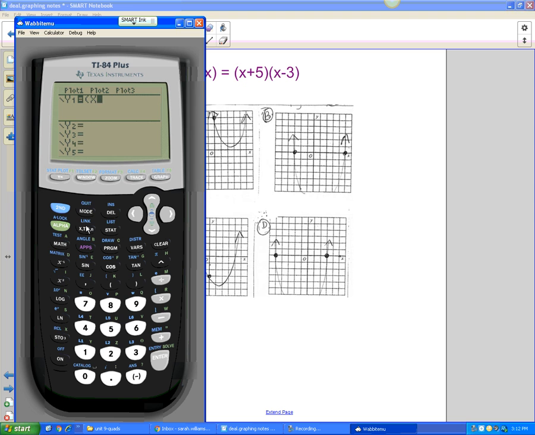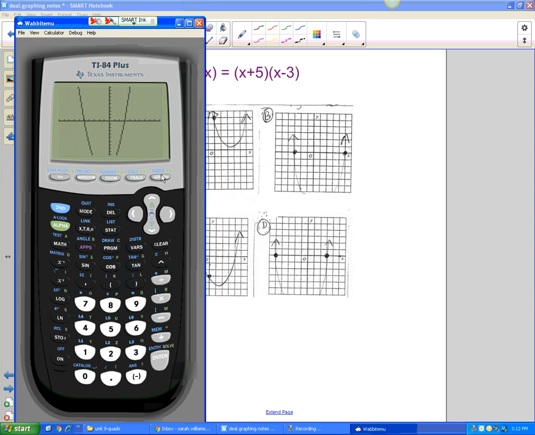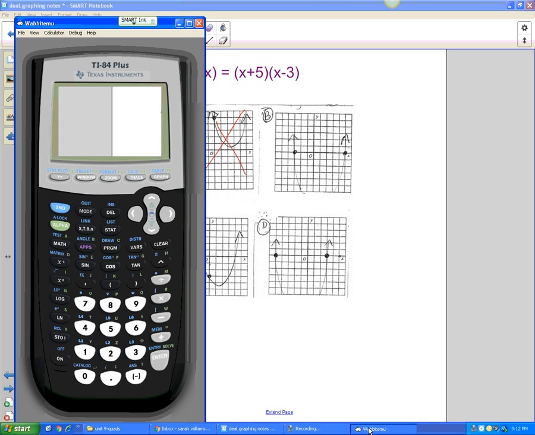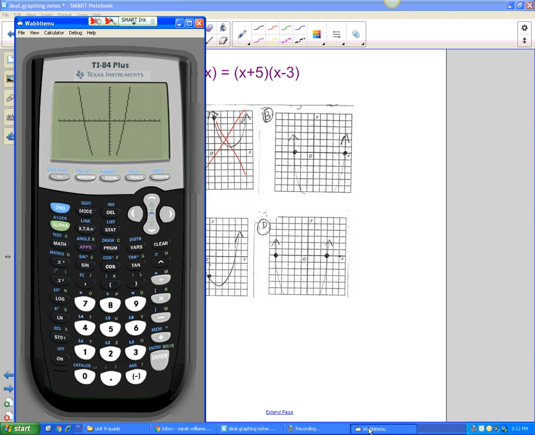Parentheses, x plus 5, parentheses, x minus 3. And hit graph. So if you look at the calculator and our choices over here, then you know it can't be that one. Doesn't look like that one at all. These other ones, you're really going to have to look at the calculator and see where it crosses.